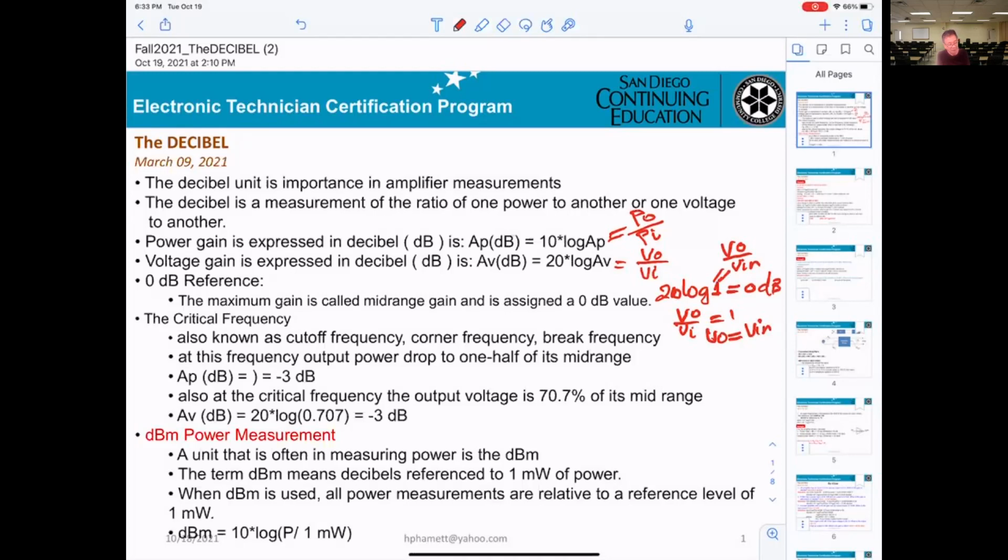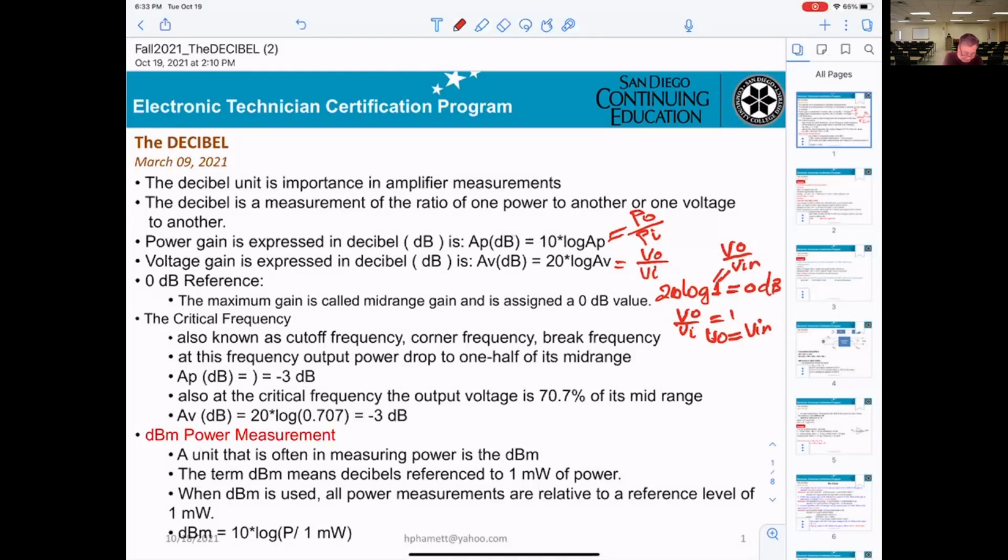However, when you apply 10 volts coming in, coming out 10 volts, you have not lost anything. Okay? So 0 dB means you get no loss. Input and output are the same. Okay?